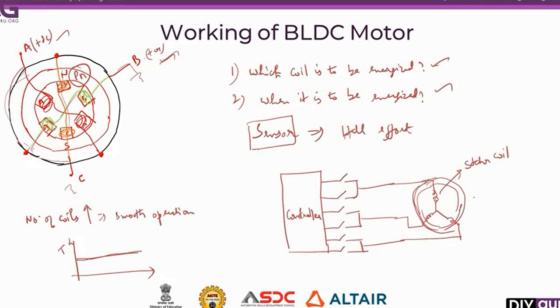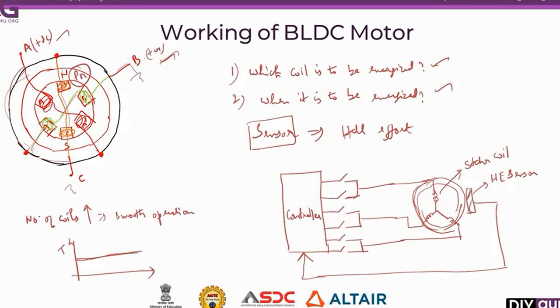Here we are placing the Hall effect sensor. This Hall effect sensor senses the signal and gives the signal to the controller. This controller decides which pair of switches to be connected so that the suitable coil is energized.